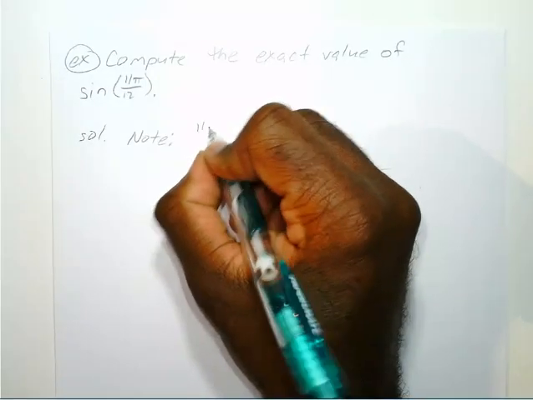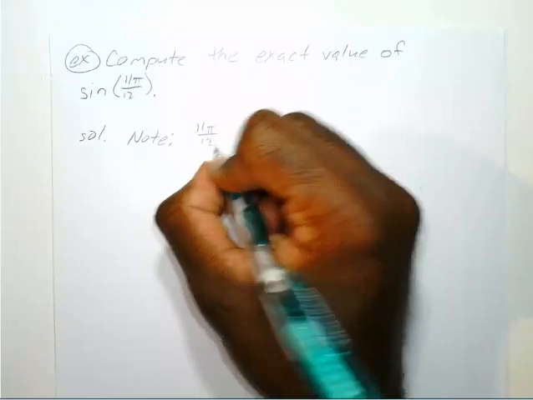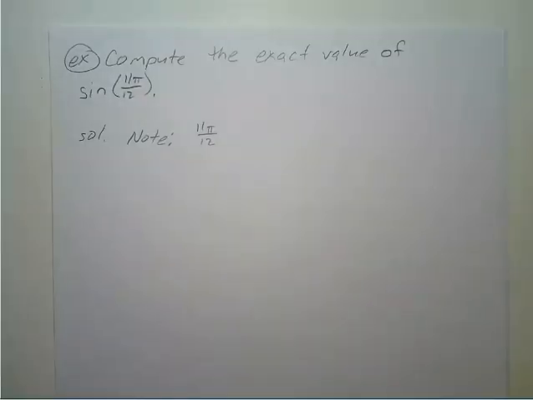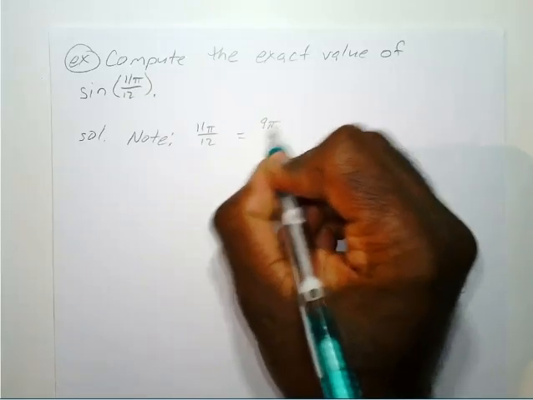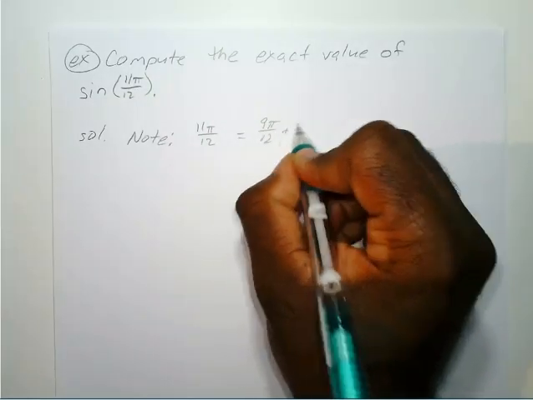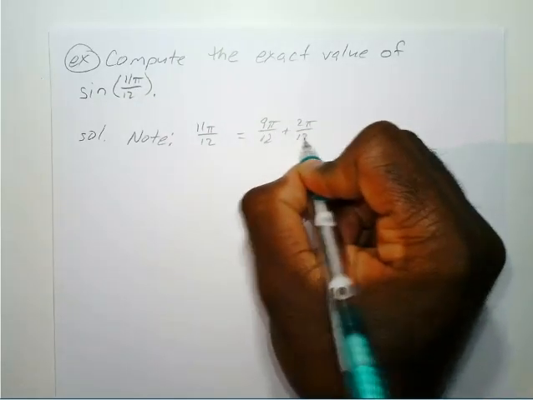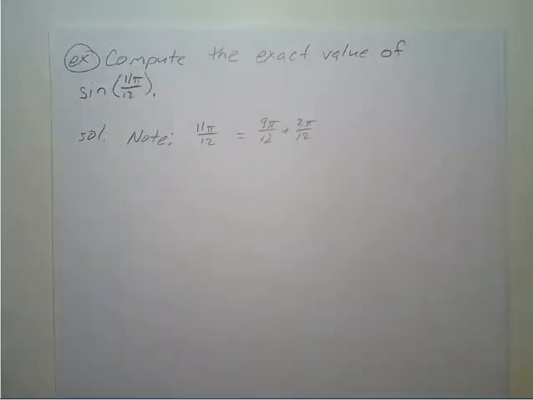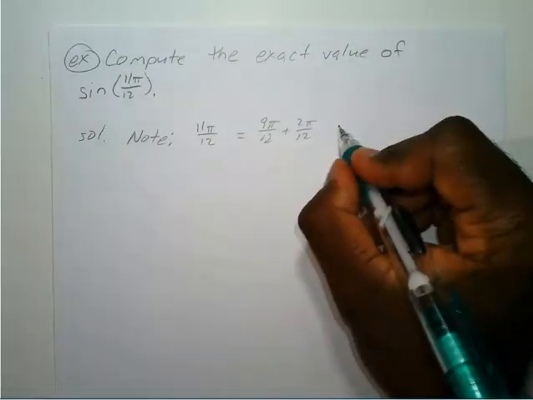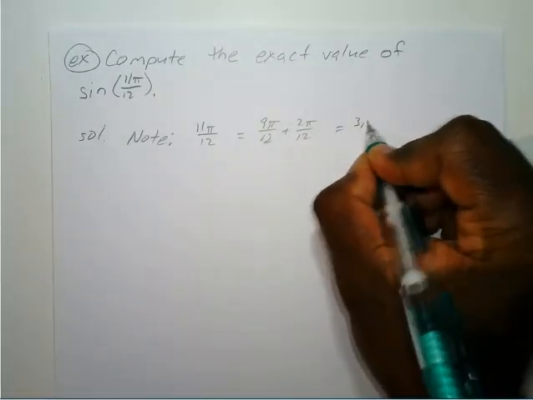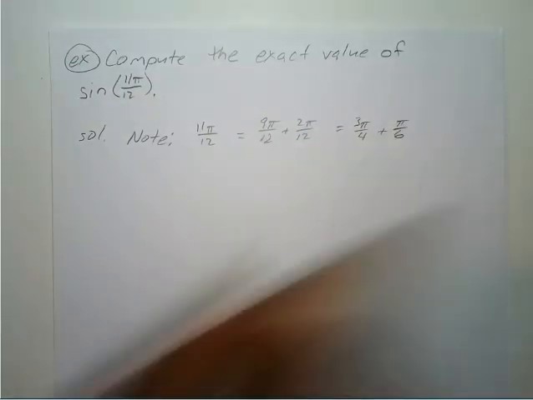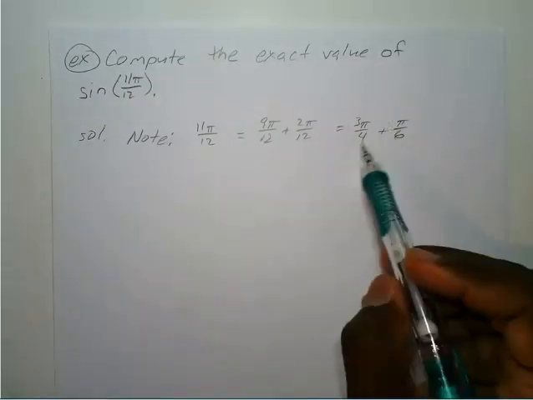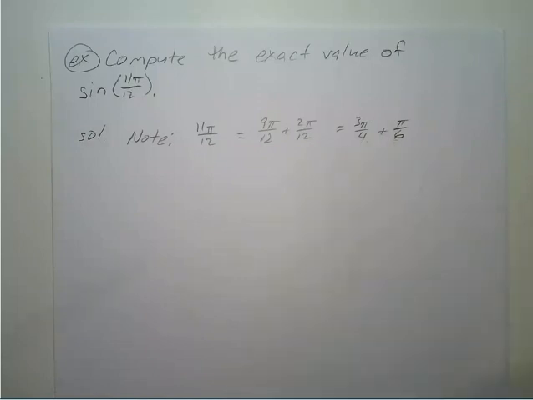Well, we have 11 pi over 12. We can actually separate that 11 to equal 9 pi over 12 plus 2 pi over 12. If we simplify both of those, we have 3 pi over 4 plus pi over 6, where both of those can be found on a unit circle.